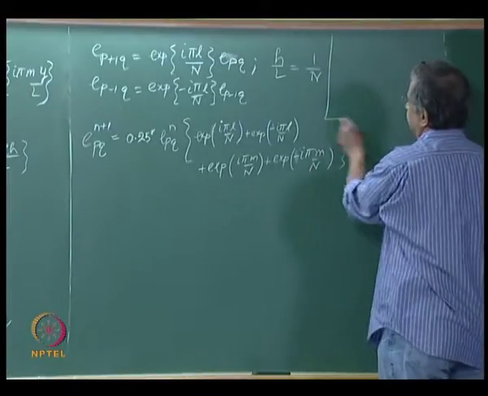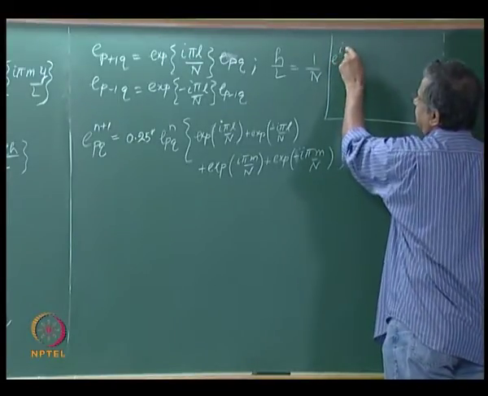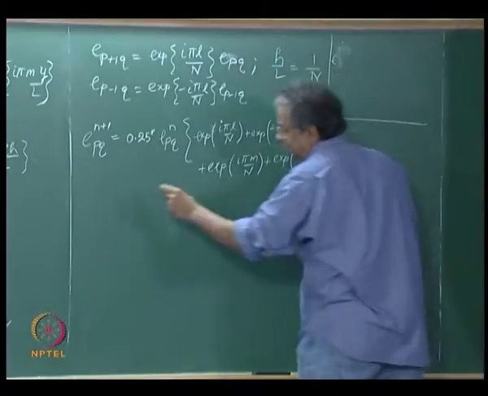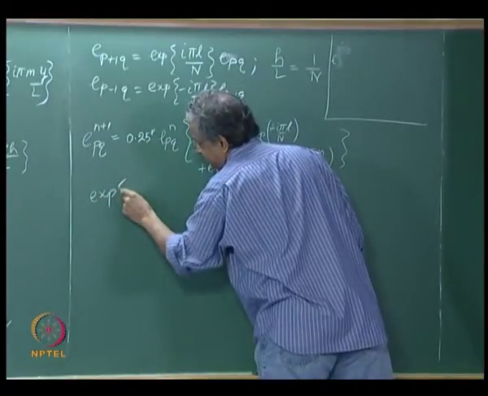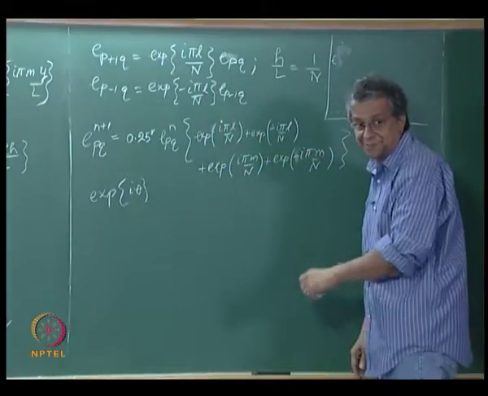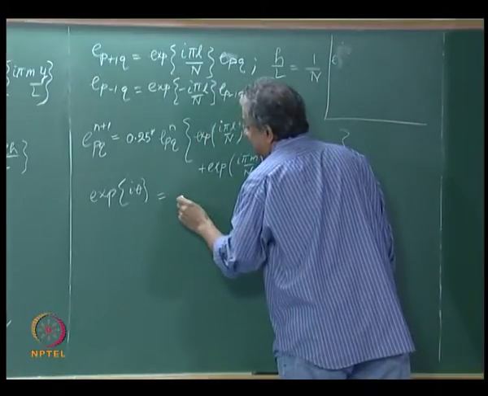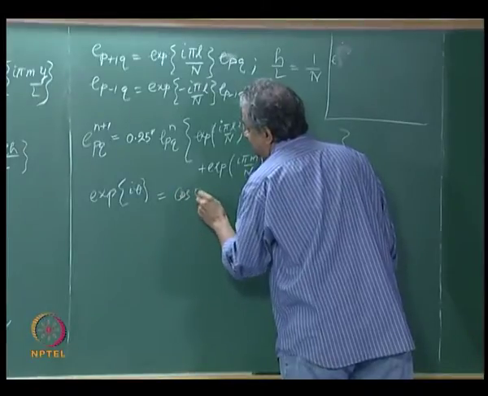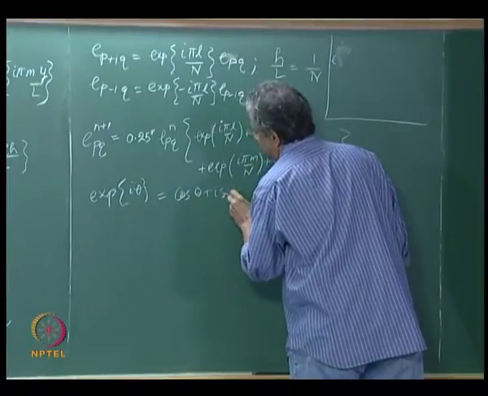Now we will use the fact that exponent of i theta, I should be very careful how I write this, since I have called my error e, I pay the price for that, right. So exponent of i theta is cos theta plus i sin theta.